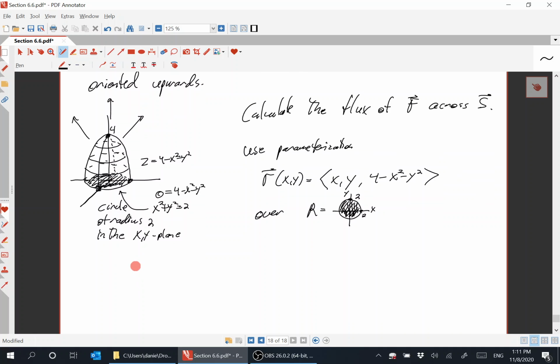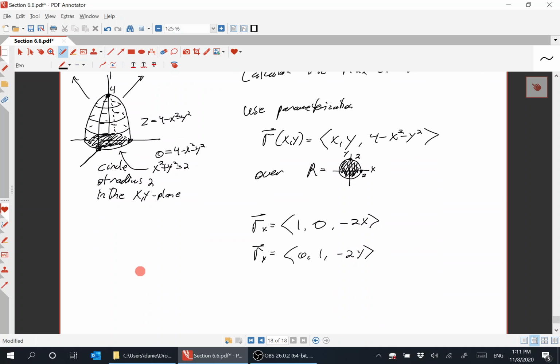Okay, well, first let's take partial derivatives. The partial derivative with respect to x is <1, 0, minus 2x>. The partial derivative with respect to y is <0, 1, minus 2y>.